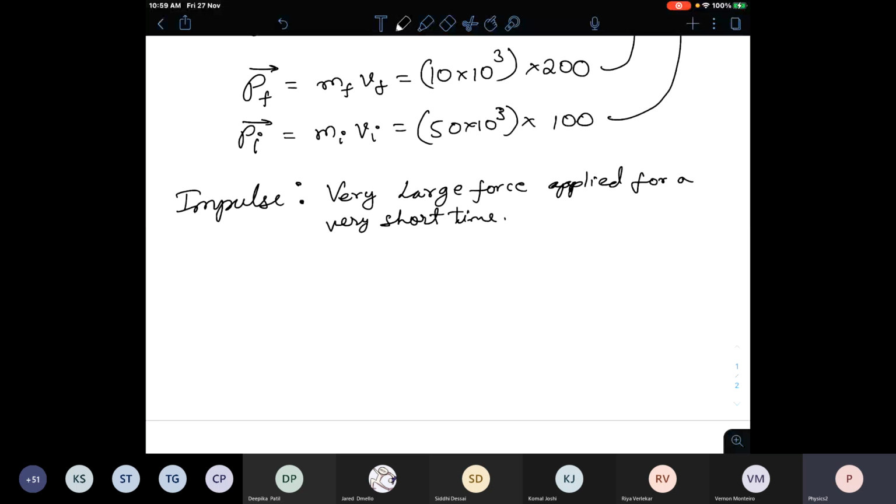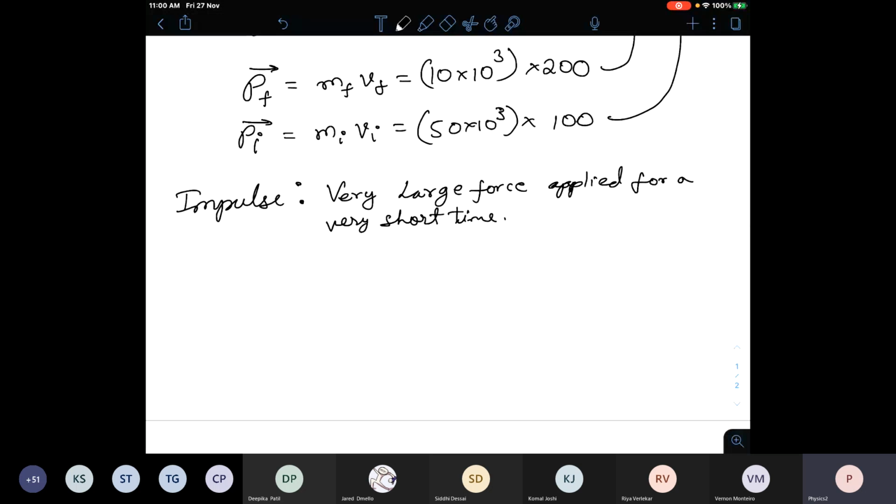Suppose you throw a ball on the ground. It collides with the ground, and within an instant it bounces back. The time of collision, the time of contact, is very small. In that very small time, the ground must have applied some force on the ball.